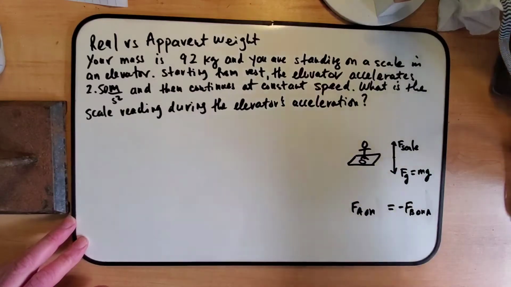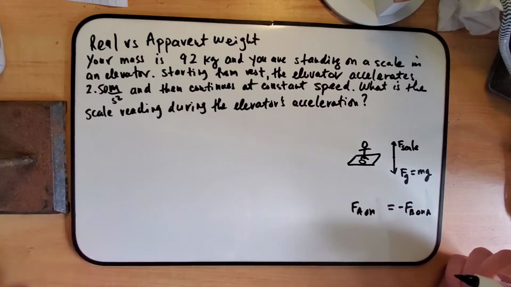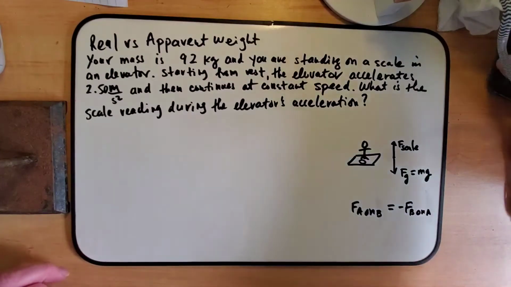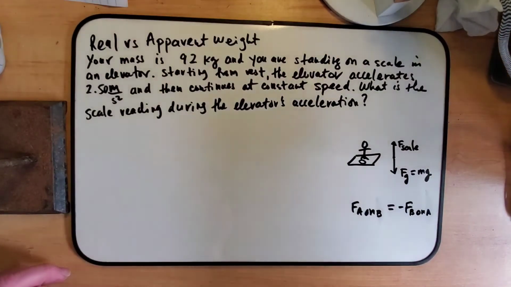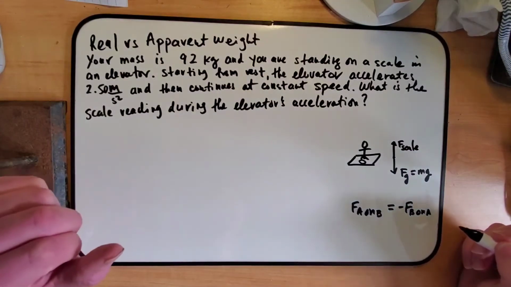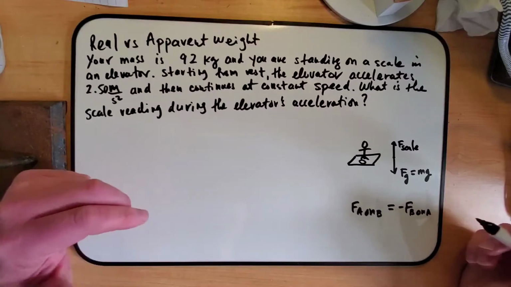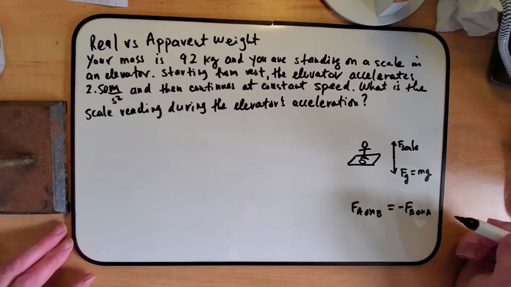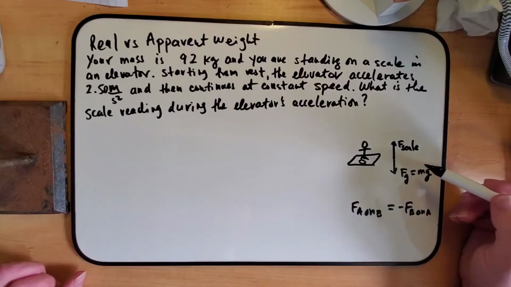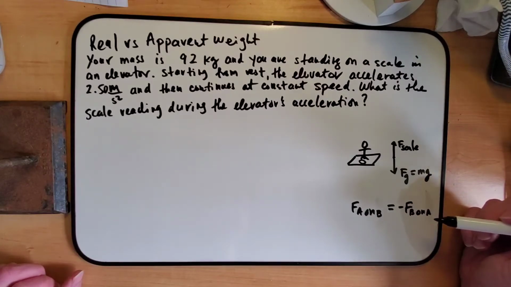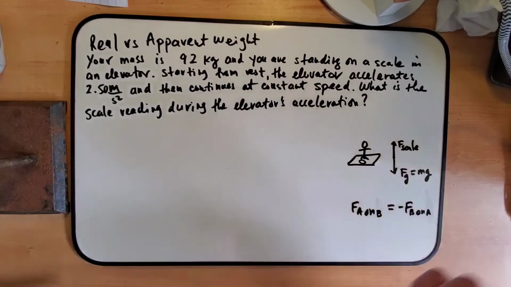If you are standing on the floor, you may not know it, but the floor is also acting on you, because if it doesn't, it will just break and you will go to the ground. So this is the free body diagram here, and when the elevator is not moving, you're standing on the scale, and it gives you the real weight in this particular situation.